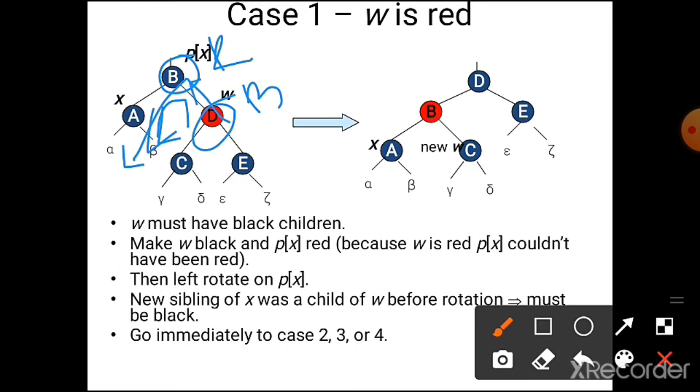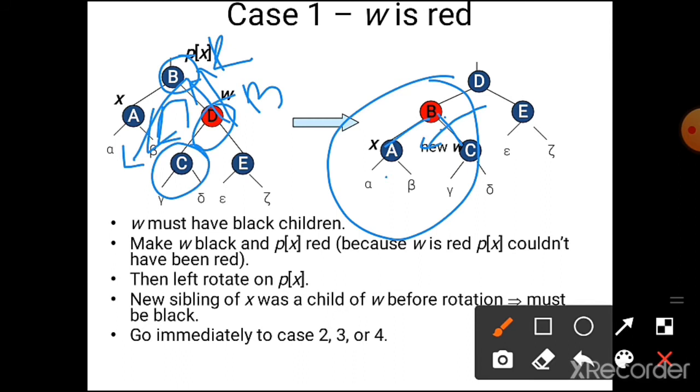So here B is red and W is black. B is moved downwards, with X as its left child. D becomes the root, and the remaining C is moved to the right of B, and E is the right child of D. This is how it looks after the rotation.